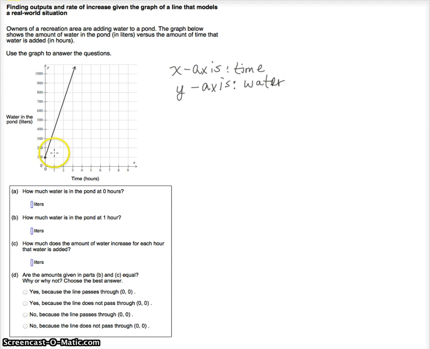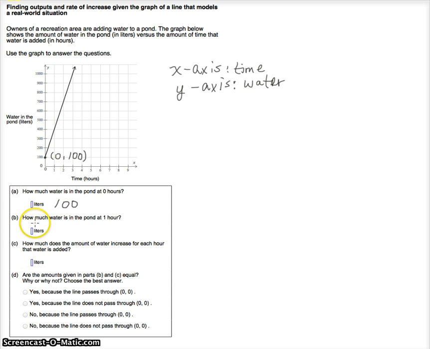So we're going to have the point 0, 100. All this means is that at 0, there were 100 liters of water in the pond. So how much water was in the pond at 0 hours? That would be 100. It's really easy to figure that out because you just read the graph. At 0 hours, 100 liters.